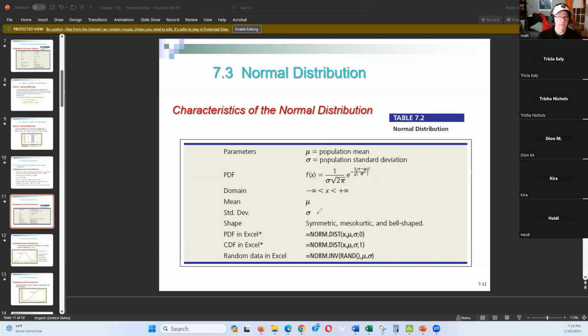so like the previous chapter, here mu and sigma, these two are important, minus to plus infinity, this is the limit, PDF is this. In Excel, we can do normal distribution. Here you need to put 0, here you need to put 1, and the rest is very simple.